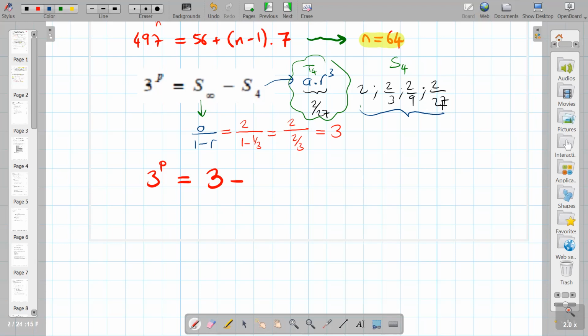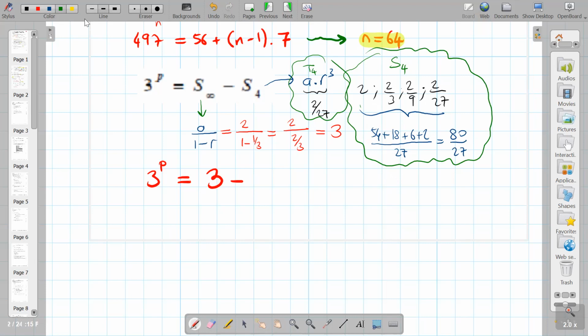So times by 27, so it is 54, plus times by 9, 18, plus 6, plus 2 over 27. Now it is 80 over 27. Okay, so we end up with 80 over 27. This is S4, which is what they ask. Not the third term, not the fourth term, the sum of the first 4 terms.